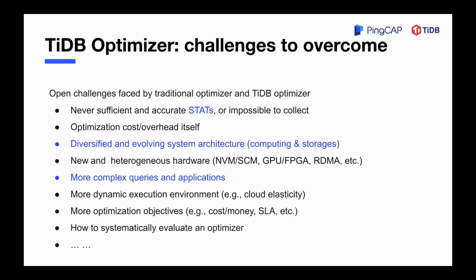And since system architectures are evolving, for example in TiDB we have storage and computation decoupling, and within the storage we have the row store and the column store, all this evolving architecture can put new challenges on the query optimizer.